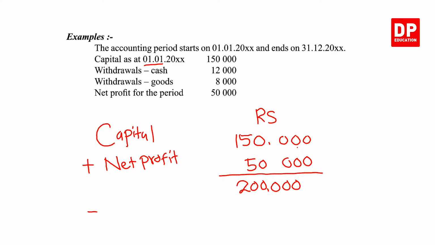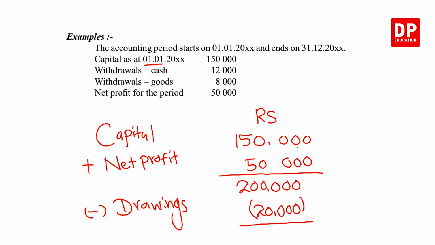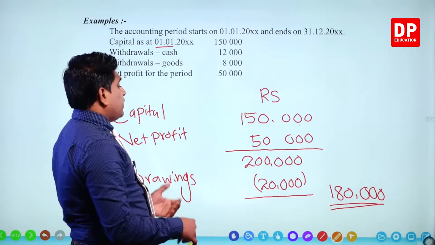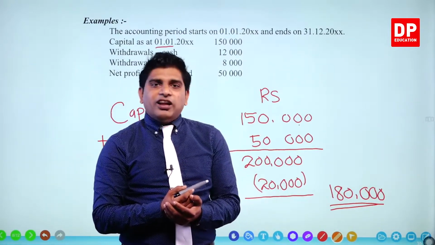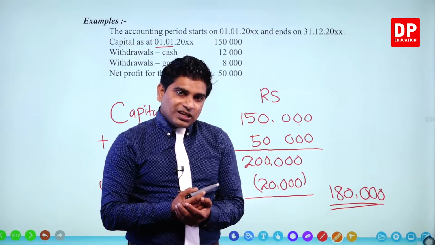As a result of drawings, your equity decreases. 20,000. 180,000. It is the year-end equity. Year-end equity 180,000.